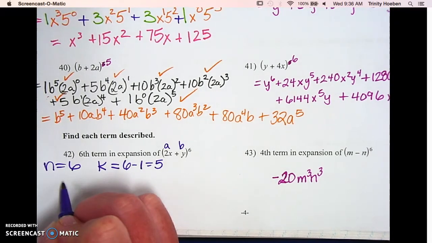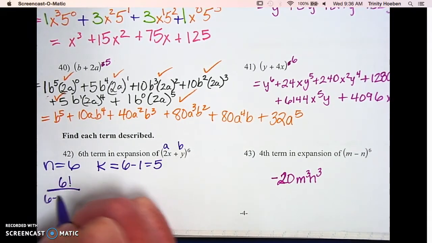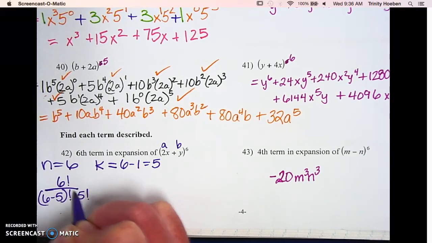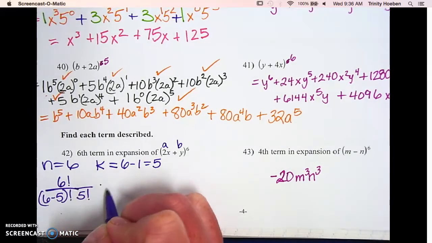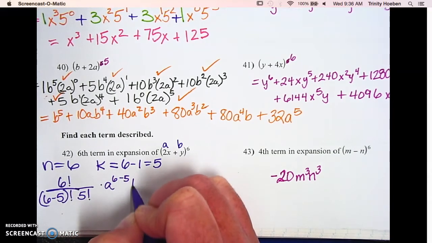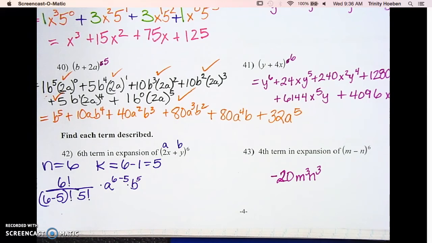So plugging it into the formula, I'm going to have 6 factorial over 6 minus 5 factorial times 5 factorial. Then I'm going to multiply it times a to the 6 minus 5 times b to the 5th. Okay?